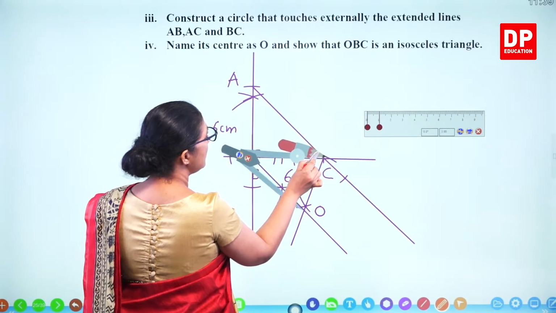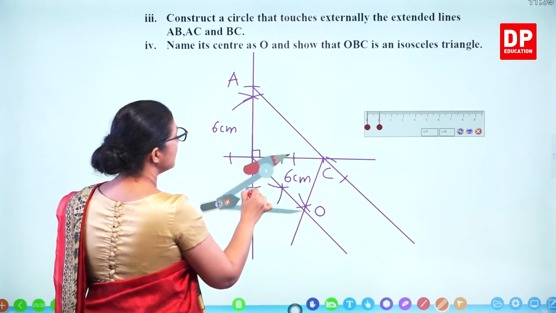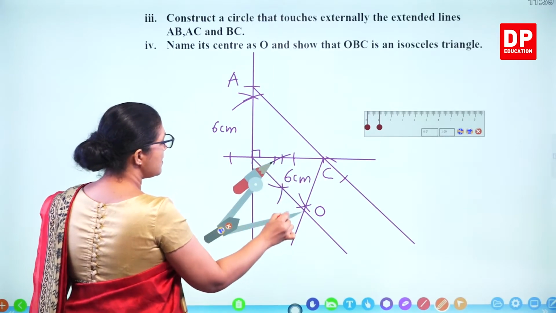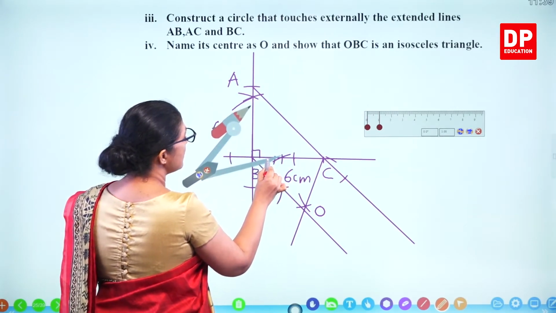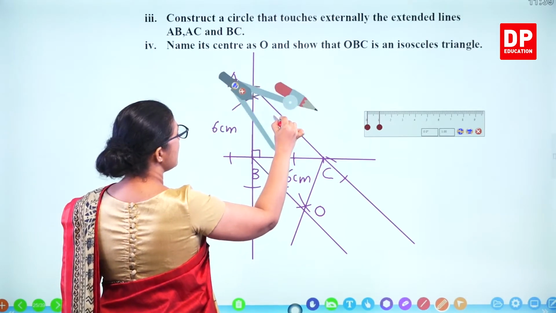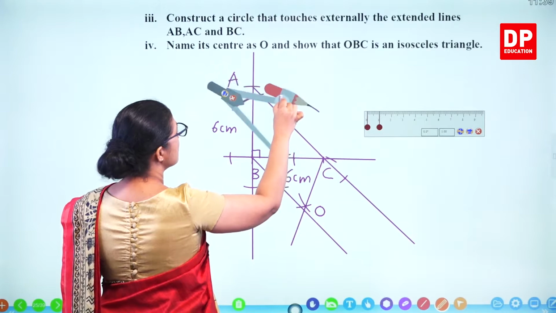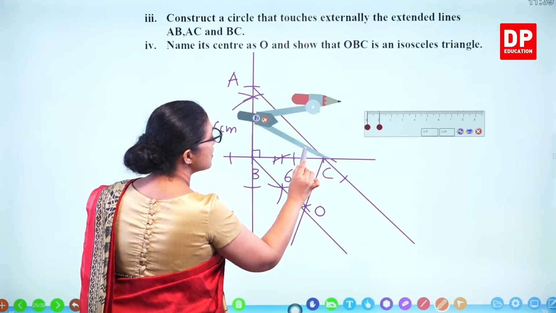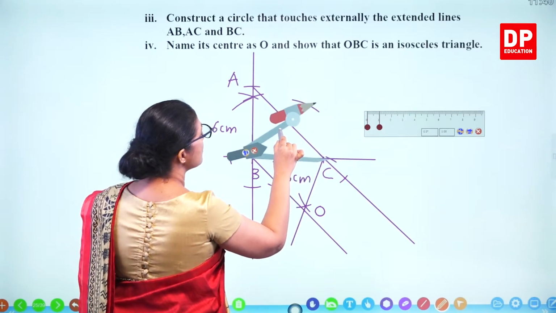We'll take here and here, these two points, and then take that point and draw the arc. So here, keep it on this place and draw the other arc.